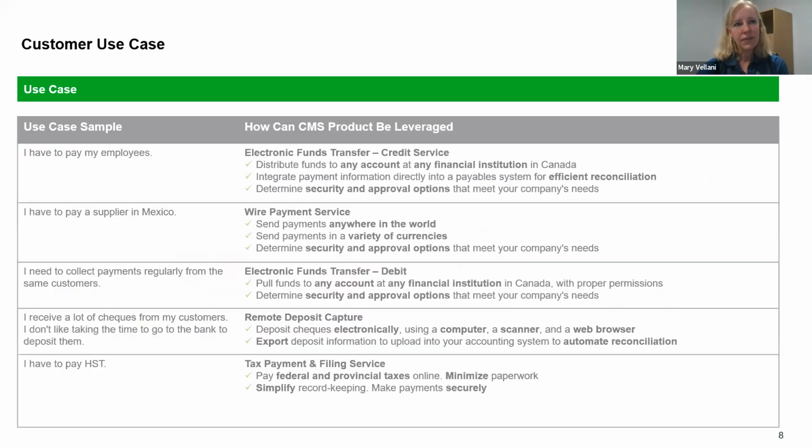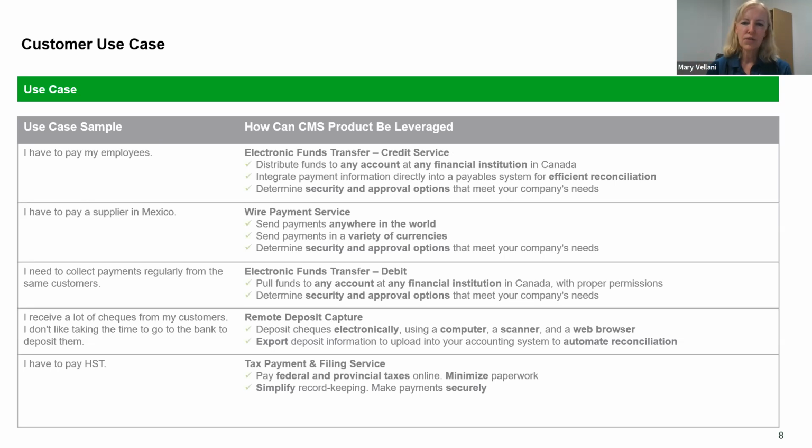So I mentioned briefly when somebody would use EFT, electronic funds transfer, and these terms all get mushed together, I find. And each one actually means something very specific. And so each institution will generally use the same terms.